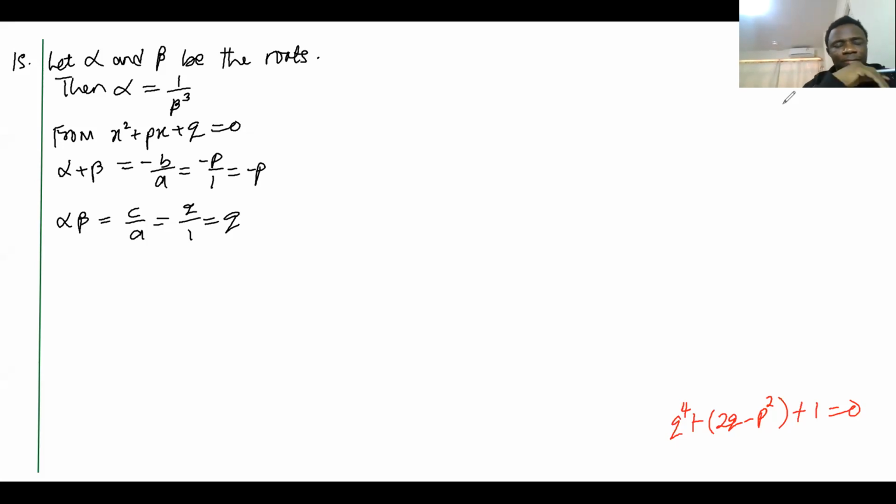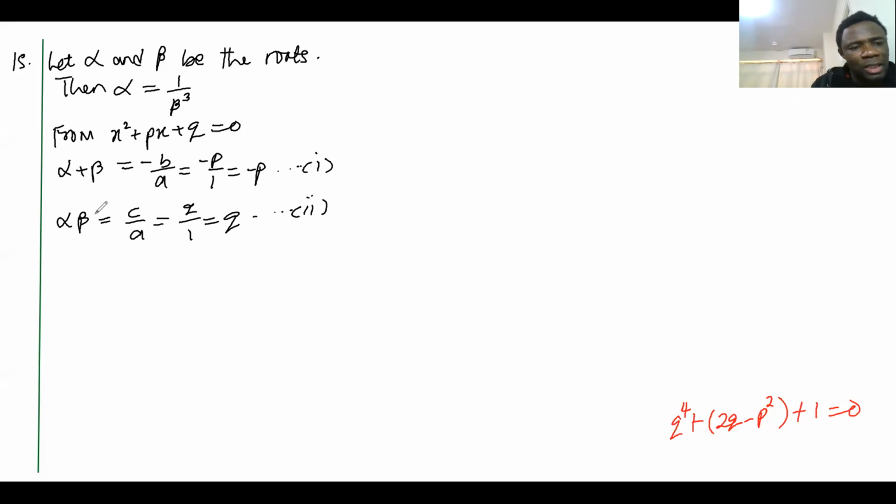Let's see how we can achieve this. So let's start by substituting as usual. I'm going to call this equation 1 again, and this equation 2 again. It's easier to maybe do this first, but it doesn't matter. Either way is fine.